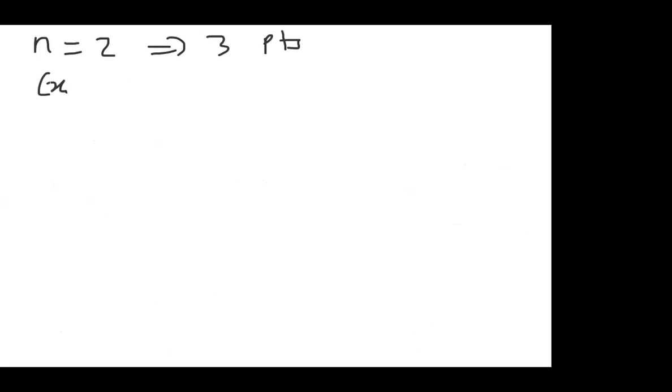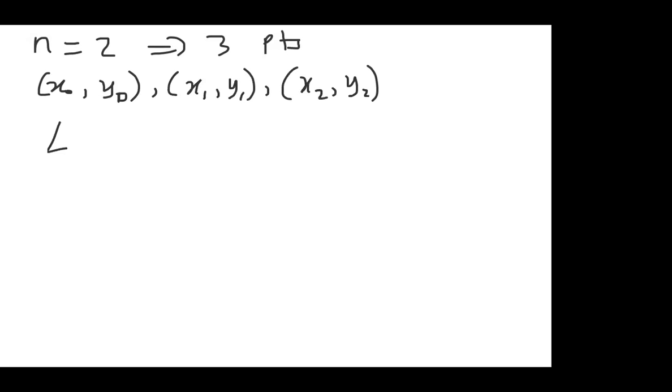So I will have x0, y0. The next value will be x1, y1. And lastly, I expect to have x2, y2. Okay? And then in this case, L20(x), of course, you always start from 0. L20(x) will be equal to what?